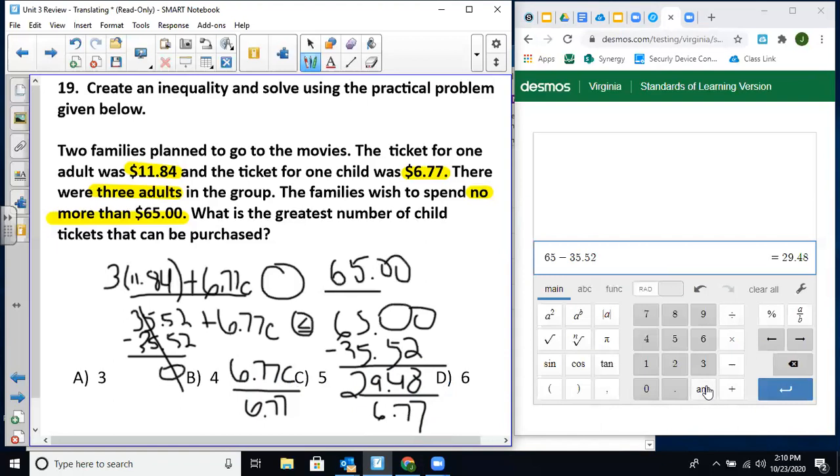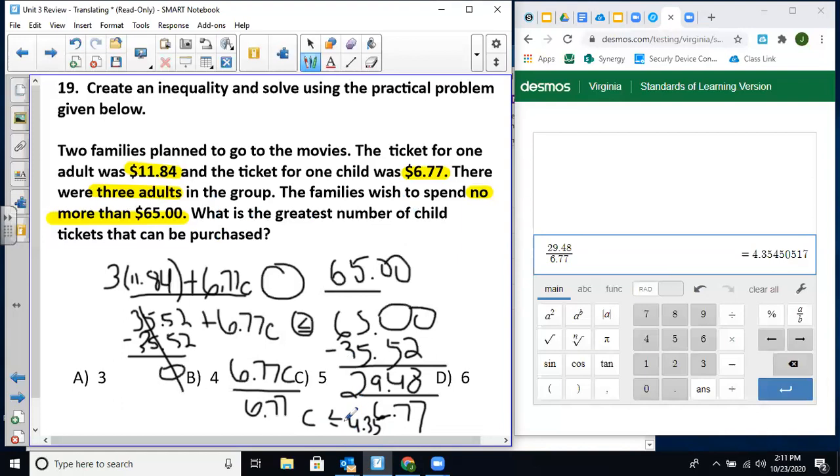So I can take my answer, 29.48 divided by 6.77, and that gives me C is less than or equal to 4.35. Well, the question's asking me, what's the greatest number of kids tickets that can be purchased?